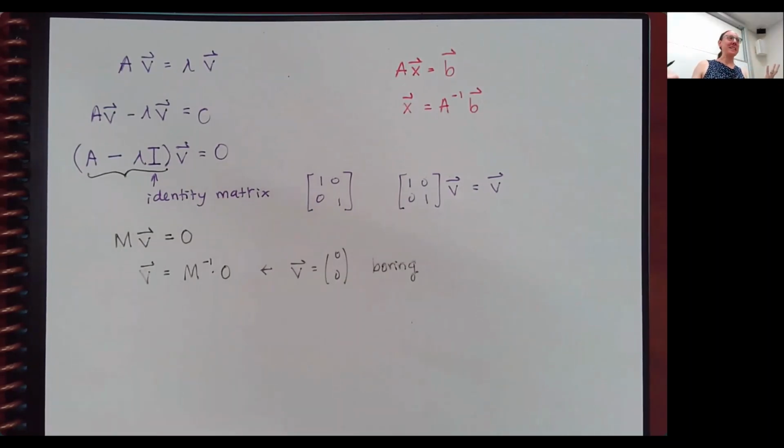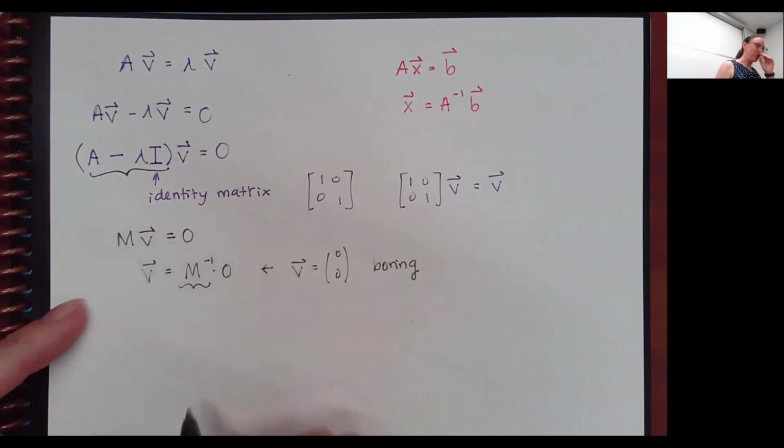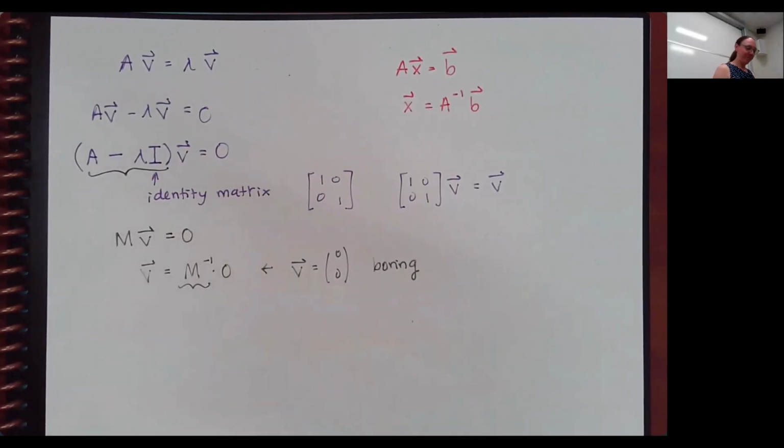If I think about this in economics, this means I have no revenue because both my price and my demand went to 0. This is not the solution we want. We're looking for more interesting solutions. And the only way we're going to find interesting solutions is if this matrix is actually not invertible.